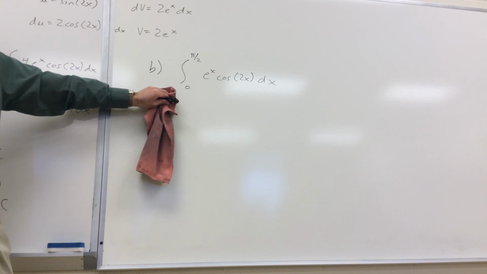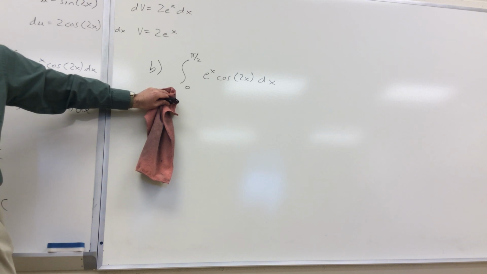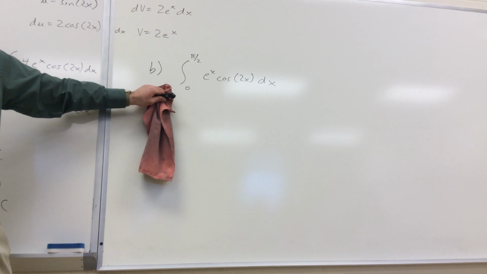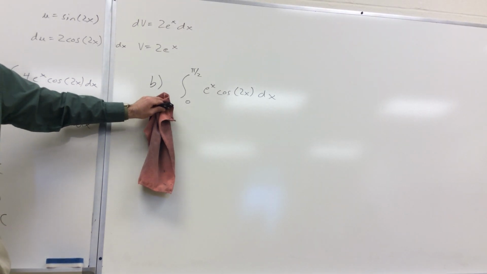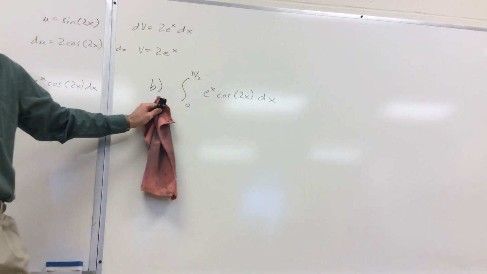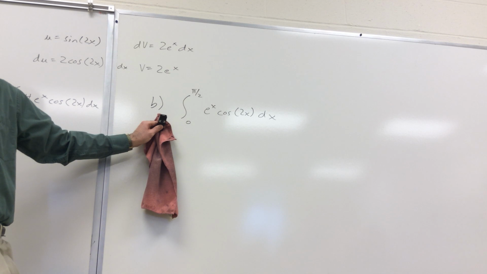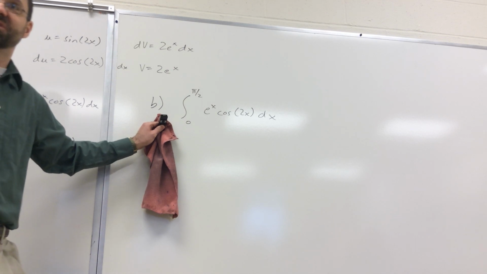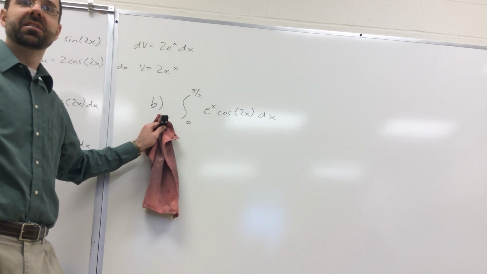It has numbers, right? In part A, we were just finding the antiderivative. But in part B, we're actually computing an area. It's a definite integral rather than an indefinite integral, right? But how do you find area? The first step is to take the antiderivative, right?